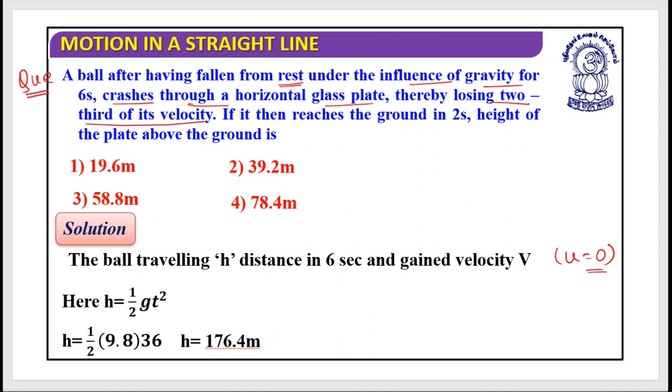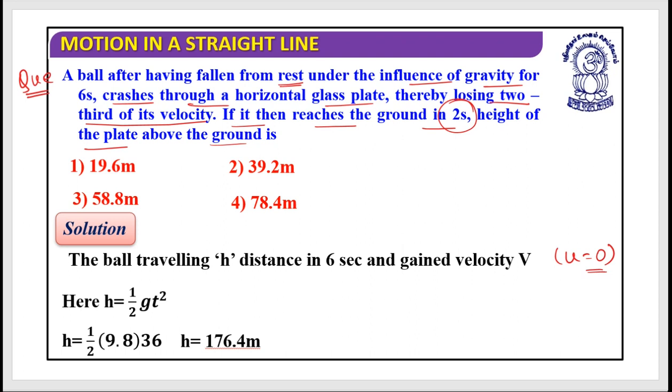So you must be clear that one-third of the velocity will be available with it. Then it reaches the ground in 2 seconds. The height of the plate above the ground is required.